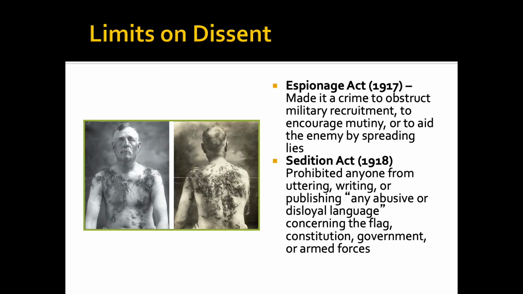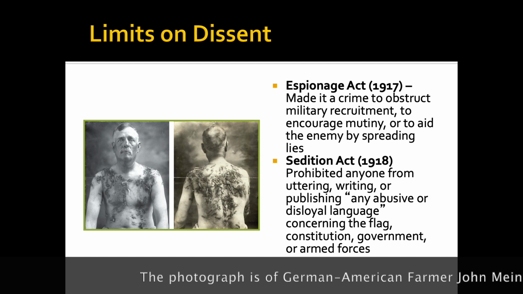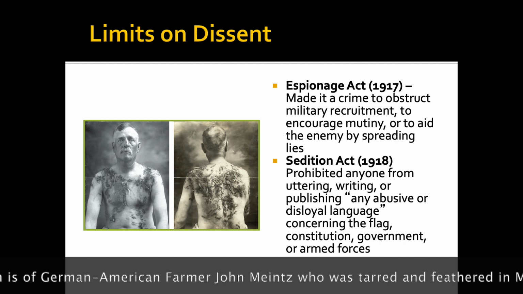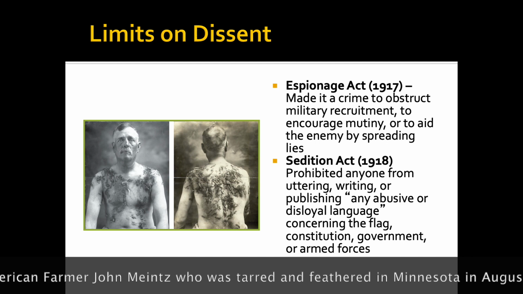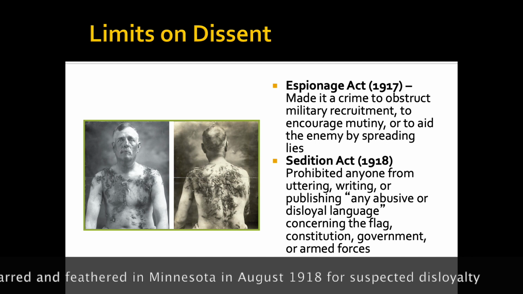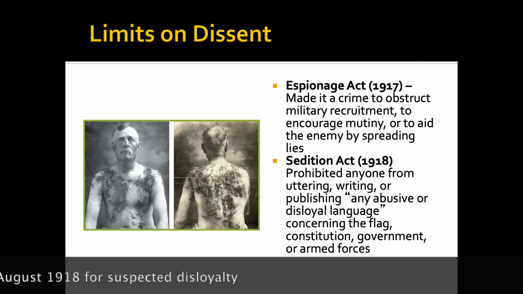The United States was concerned about people who weren't behind the war effort. And so there's a couple of acts, one in 1917 and one in 1918, the Espionage Act, the Sedition Act, that basically made it very difficult for anyone to oppose the war, and made it difficult for anyone to say bad things about the war, or maybe even to write anything negative about the war.